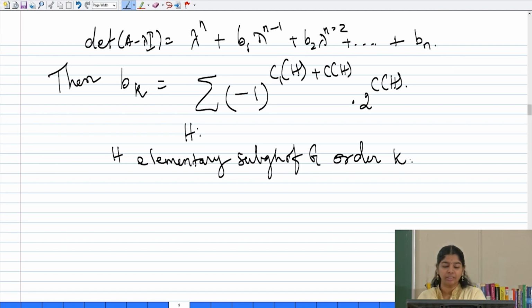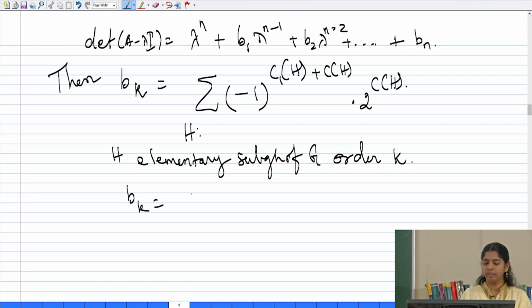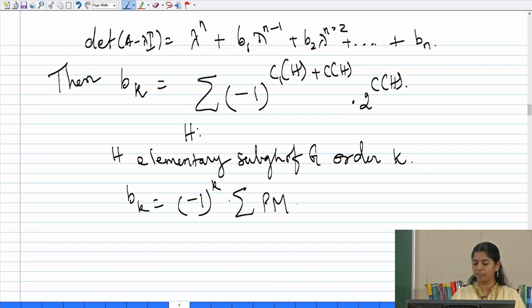Think of this. If I look at the principal minors of order k, right, if we try to prove this, how will we write the representation for any bk term? The bk term was nothing but minus 1 to the power of k into the sum of all principal minors of order k, right.